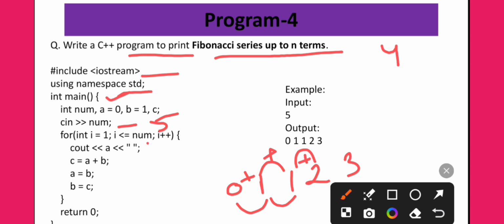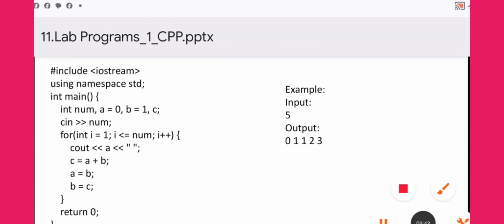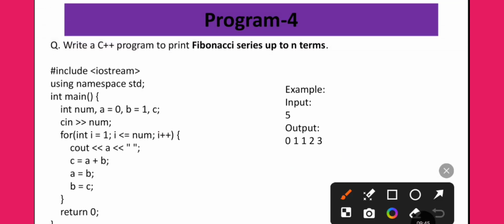For example, we can try this by making one table. Initially we are taking n is equal to 5. So we can run this code.